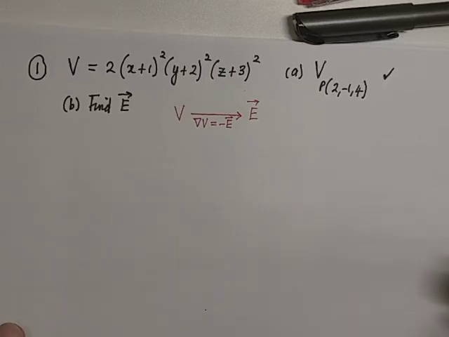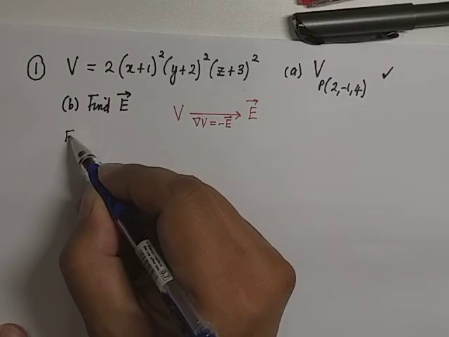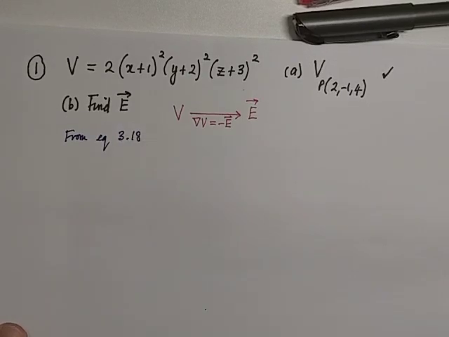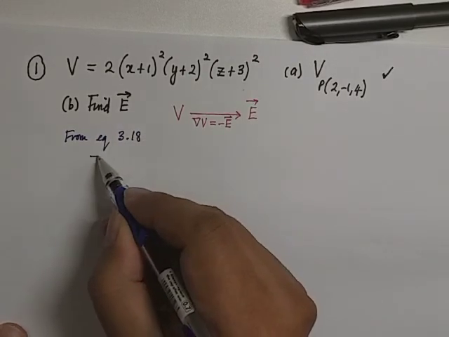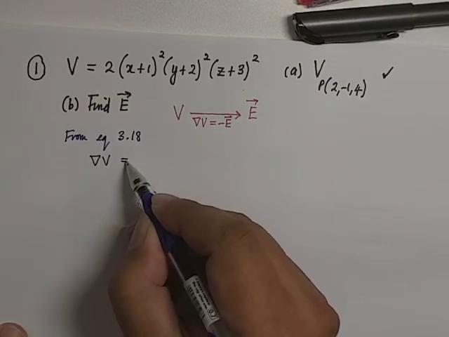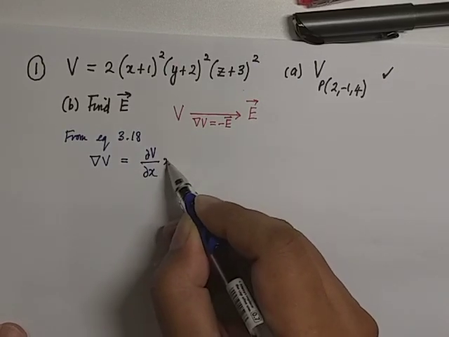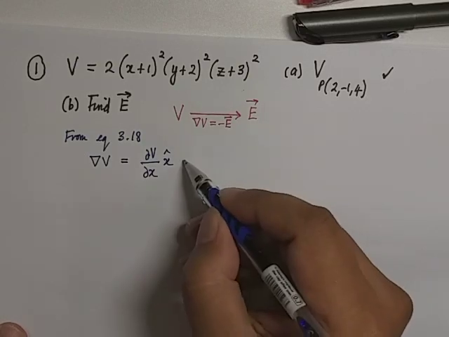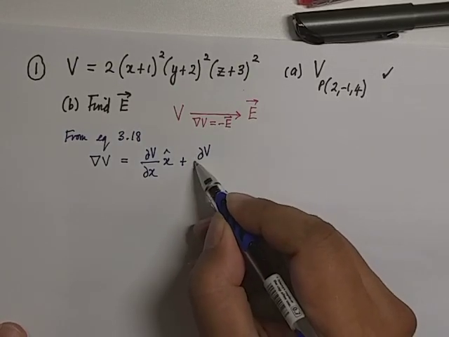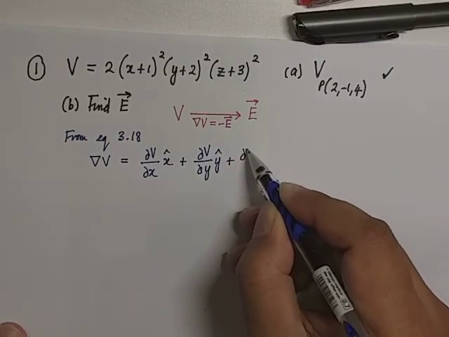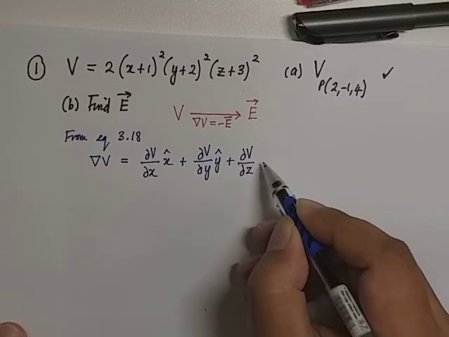From equation 3.18, grad V equals dV over dx in the x direction, plus dV over dy in the y direction, plus dV over dz in the z direction.